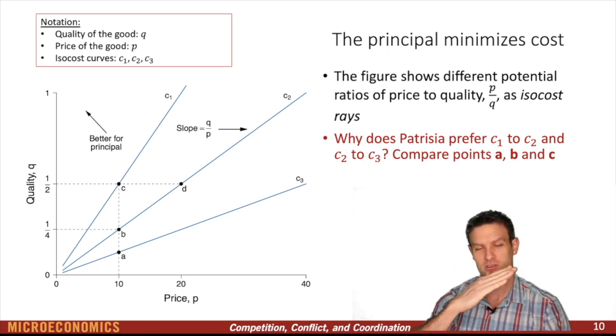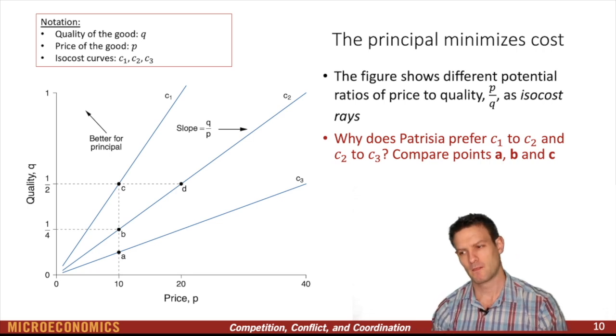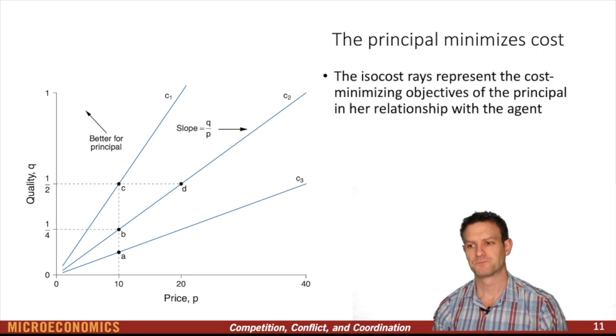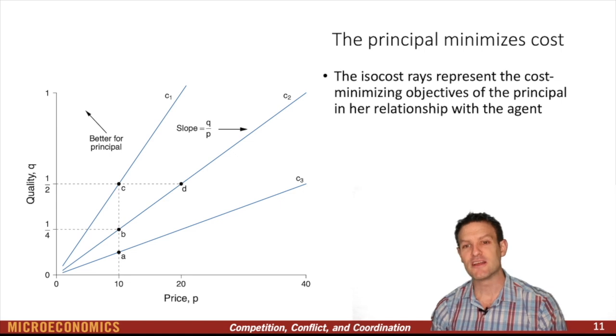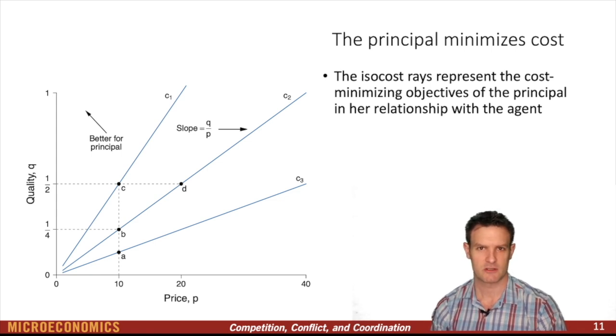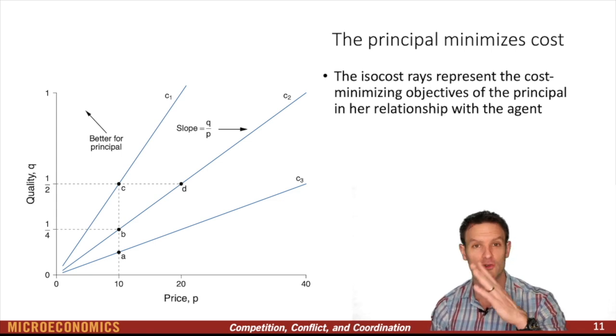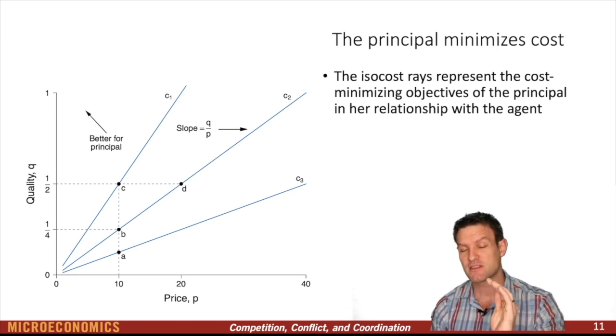She prefers the steeper curves to the flatter curves. Okay, so in thinking about that, the isocost curves, or the isocost rays, represent the cost minimizing objectives for the principal in her relationship with the agent. So we're going to have a whole set of isocost rays for the principal as she thinks through what she is doing in terms of her choice with the agent.